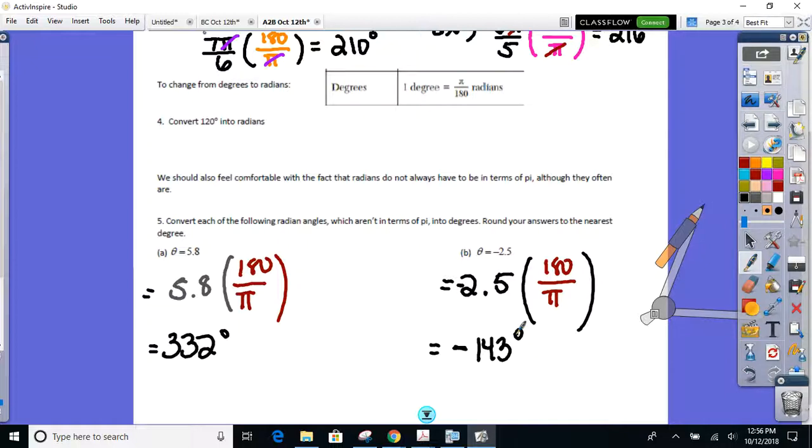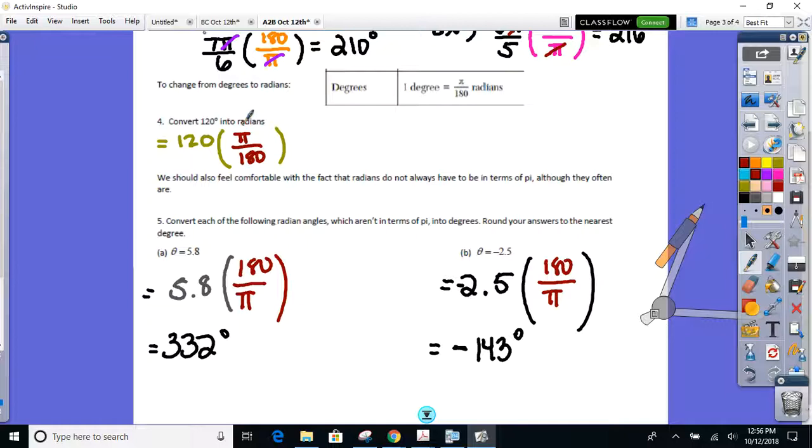New conversion, right? What are you going to multiply by now when you go from degrees to radians? Pi over 180, yep. So 120 degrees, number 4 now, I'm going to multiply by pi over 180. But here's the thing: remember how most of our radians were written out with pi in it?